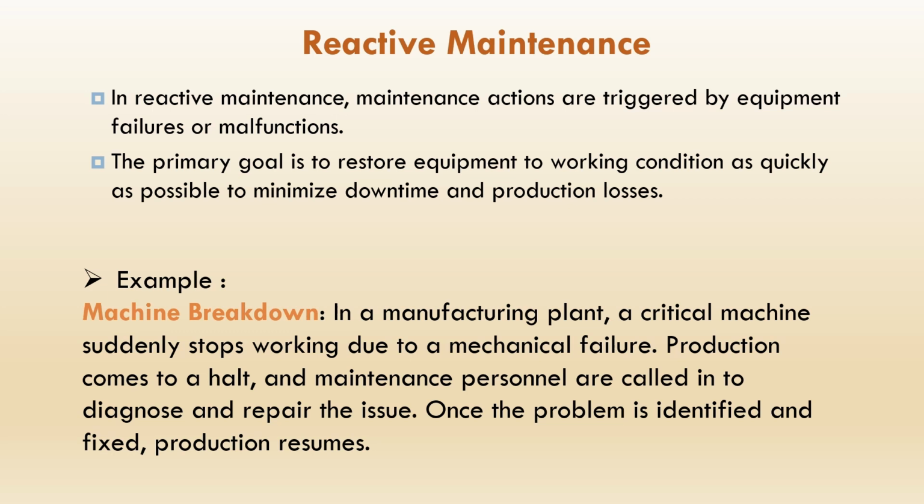While reactive maintenance is sometimes necessary for addressing unexpected equipment failures, relying solely on this approach can lead to inefficiencies, increased costs, and operational disruptions. Organizations often complement reactive maintenance with preventive or predictive maintenance strategies to improve overall equipment reliability and performance.